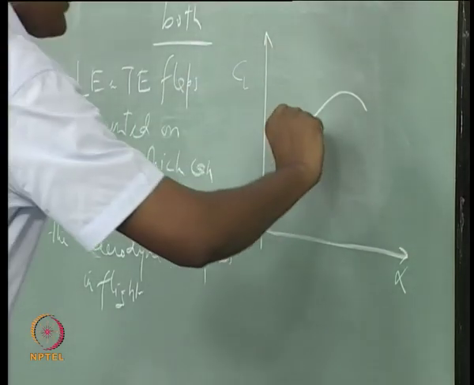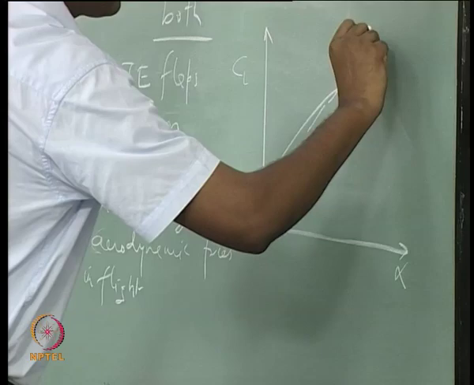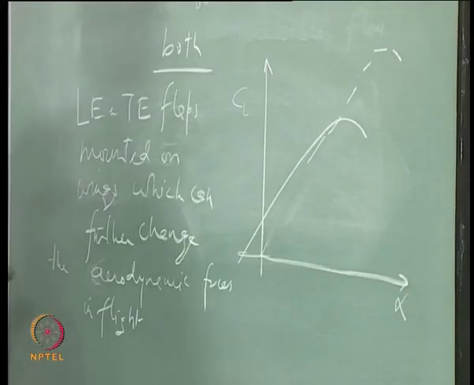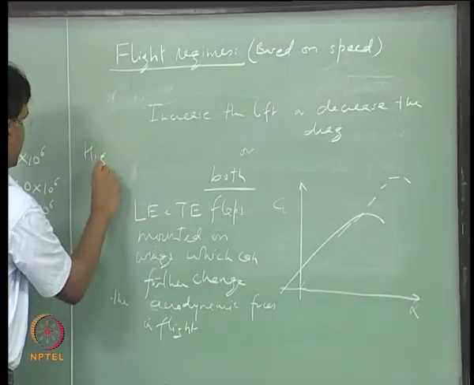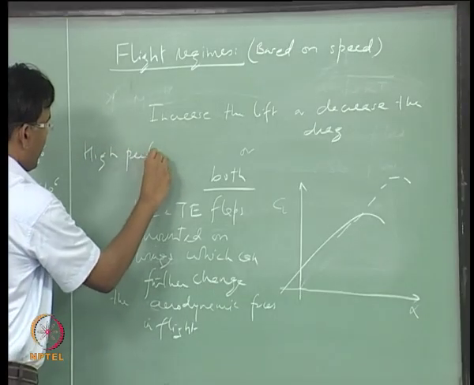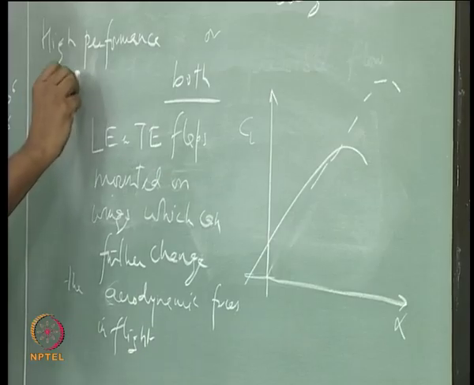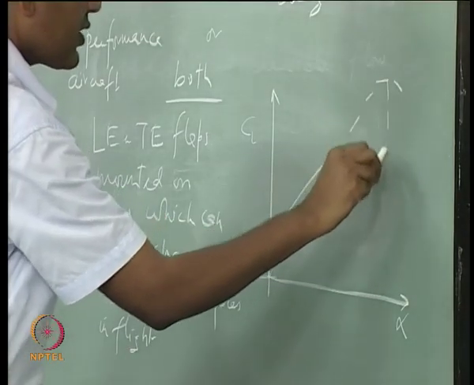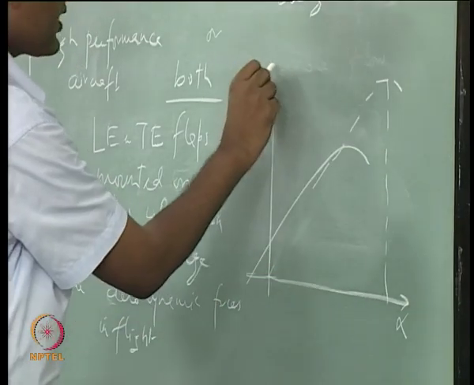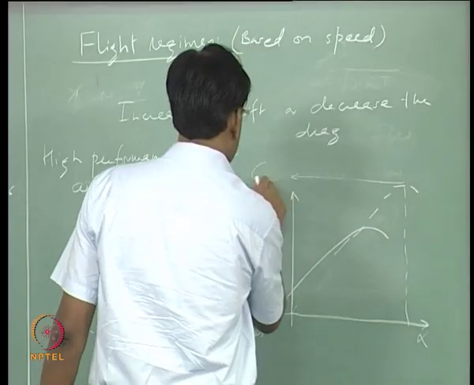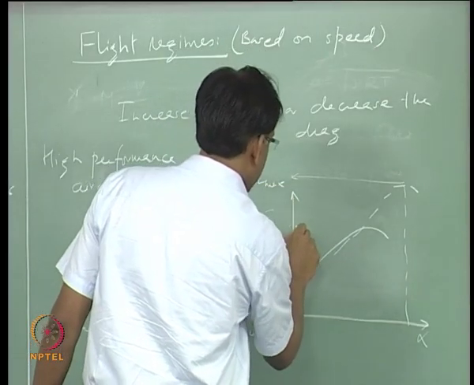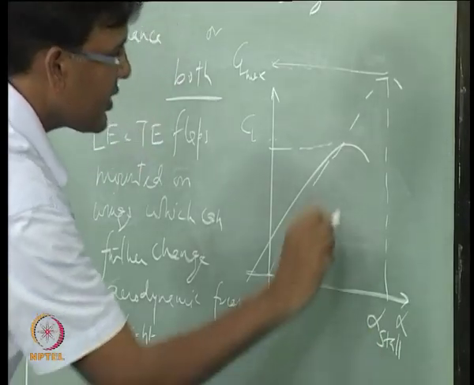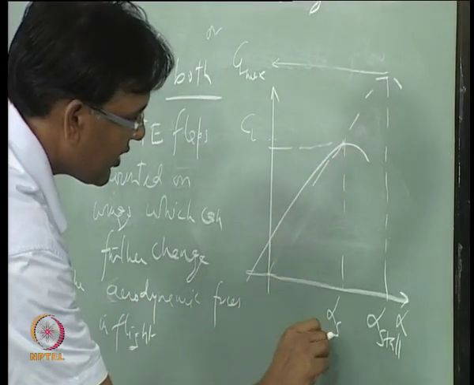In flight, this profile can be changed using the trailing edge and the leading edge flaps, which are normally mounted on high performance aircraft, to not only change the maximum lift coefficient, which is now this, previously it was here, but also to change the alpha stall.